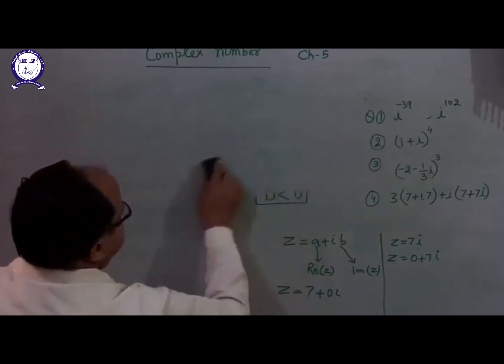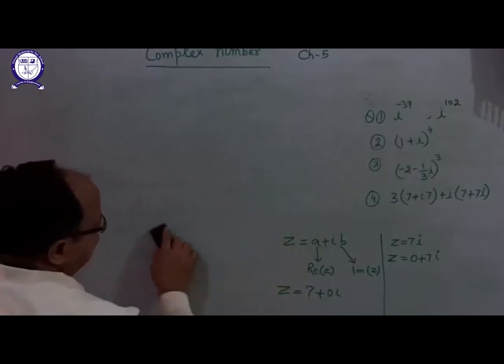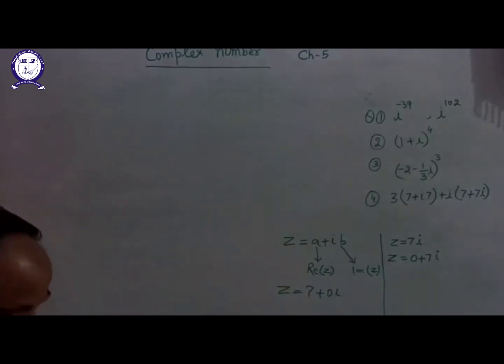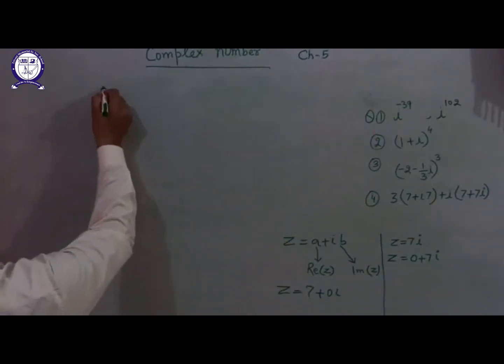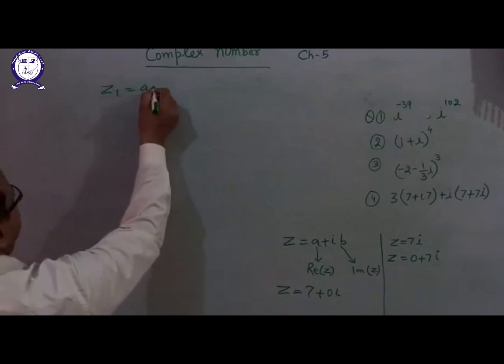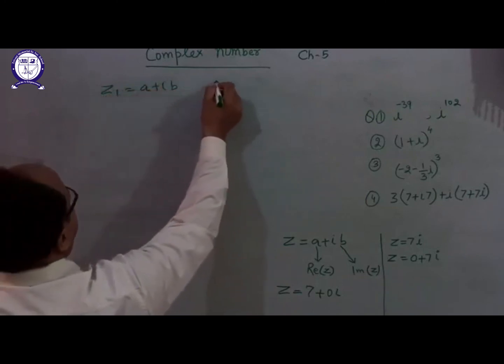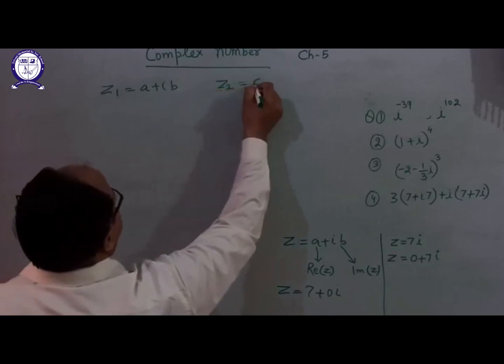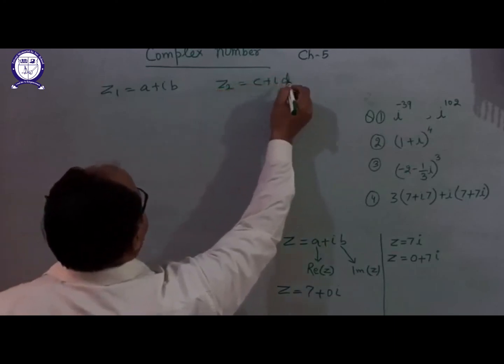Look, for example, equality of two complex numbers. Suppose z1 is equal to a plus iota b and z2 is equal to c plus iota d.